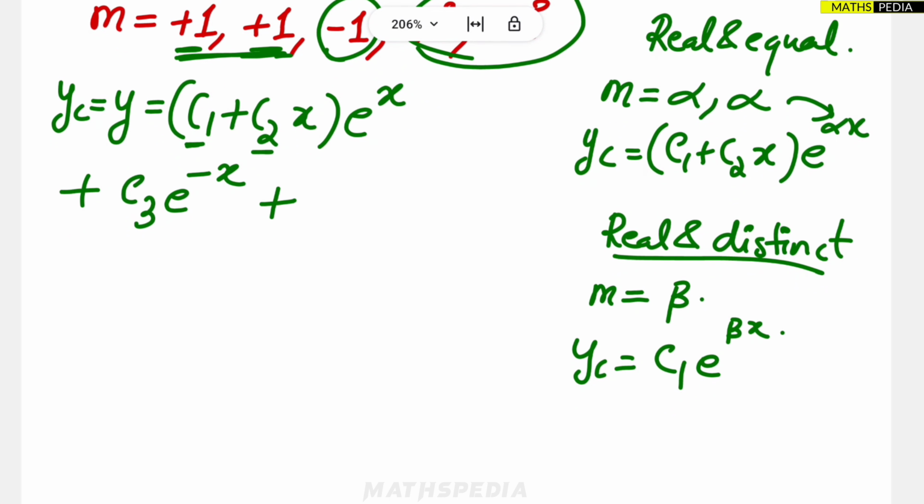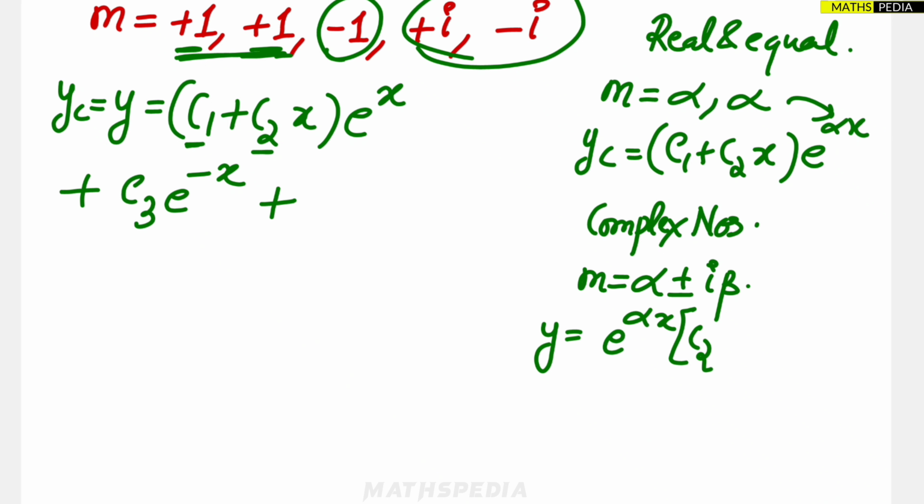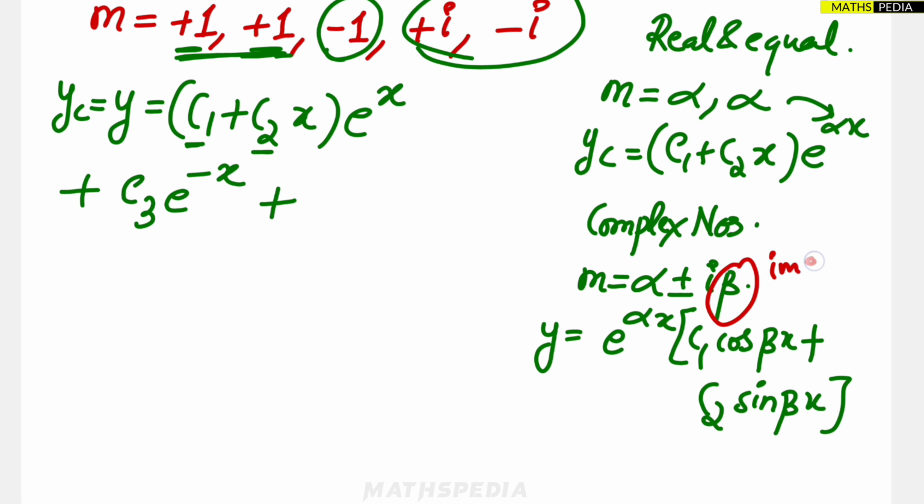Plus these two are nothing but complex numbers. Whenever you get a complex number, m is equal to alpha plus or minus i beta. Then the yc value will become e power alpha x into c1 cos beta x plus c2 sin beta x, where beta is the imaginary part and alpha is the real part.